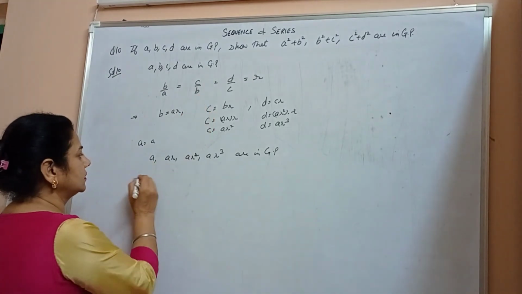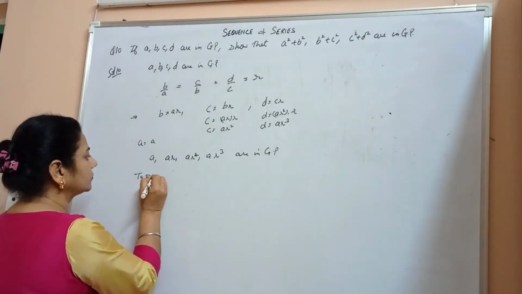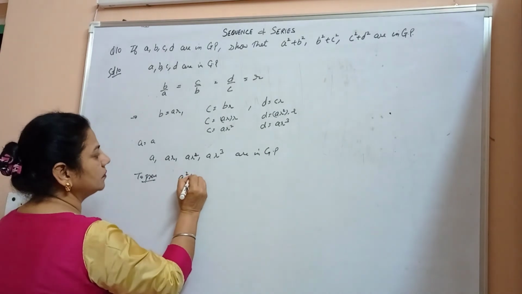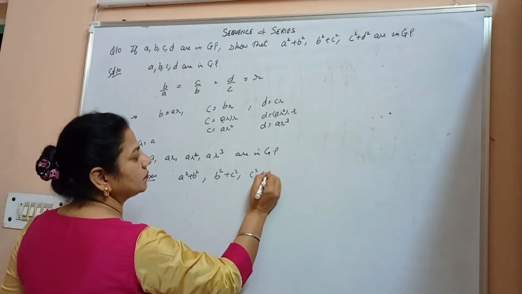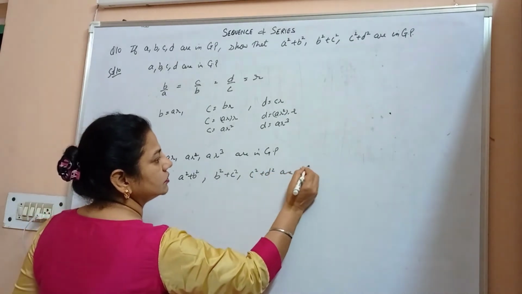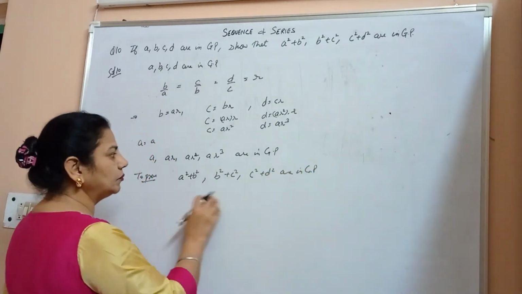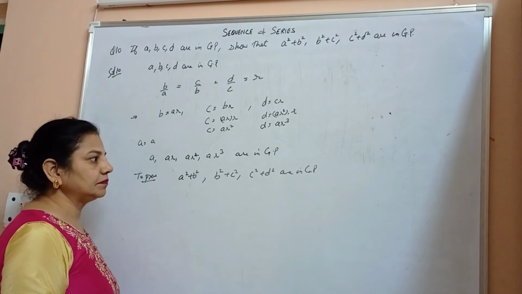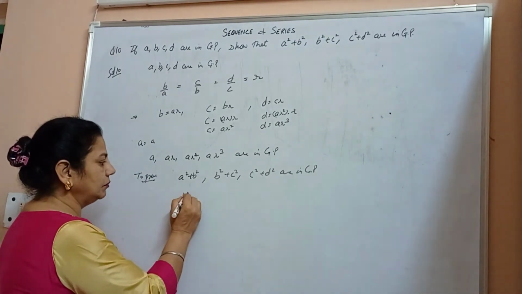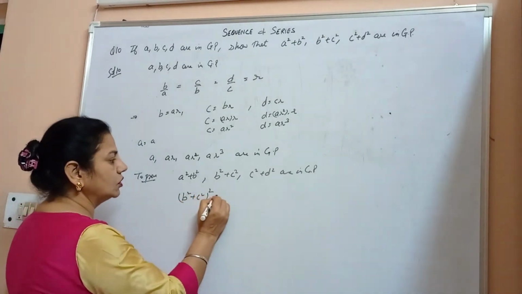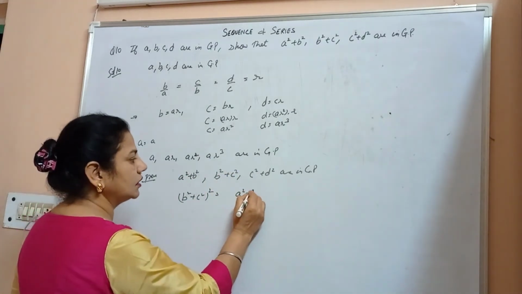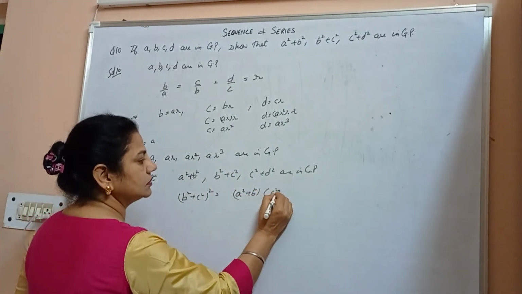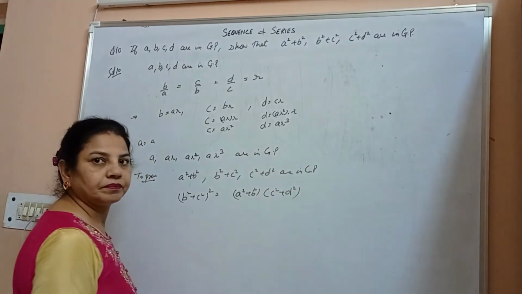Now to prove this, to prove A square plus B square, B square plus C square and C square plus D square are in GP. If we have to prove these numbers are in GP, that means the middle term square, B square plus C square whole square, should be equal to the product of extreme terms, that means A square plus B square and C square plus D square.